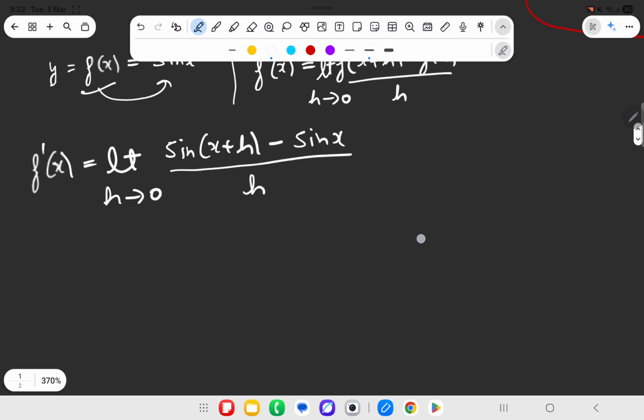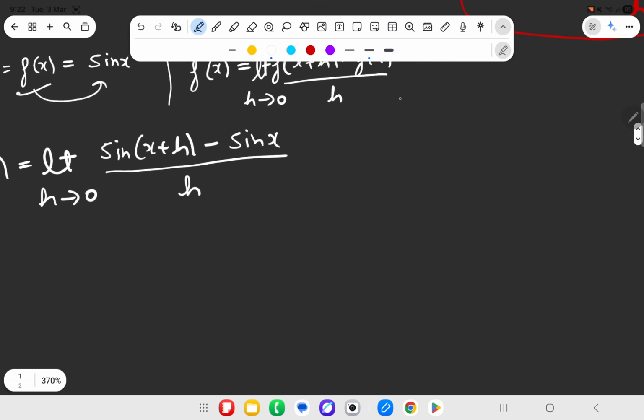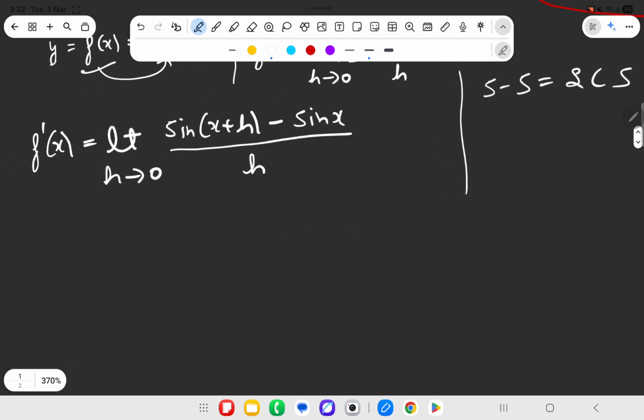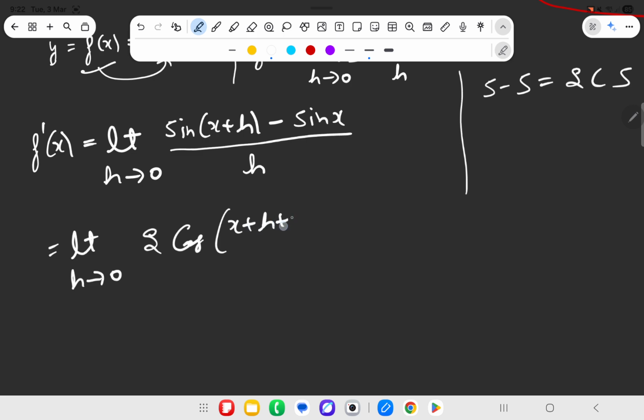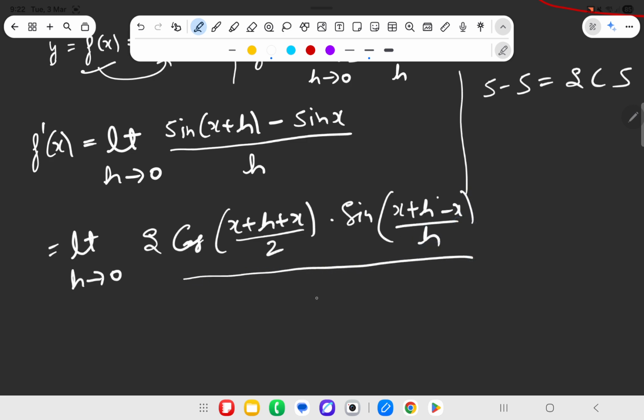Now basically we use the formula sin C minus sin D is equal to 2 cos of (C plus D) by 2 times sin of (C minus D) by 2. So by using that formula we get the limit as h approaches 0 of 2 cos of (x plus h plus x) divided by 2, and sin of (x plus h minus x) divided by 2, and the whole divided by h.